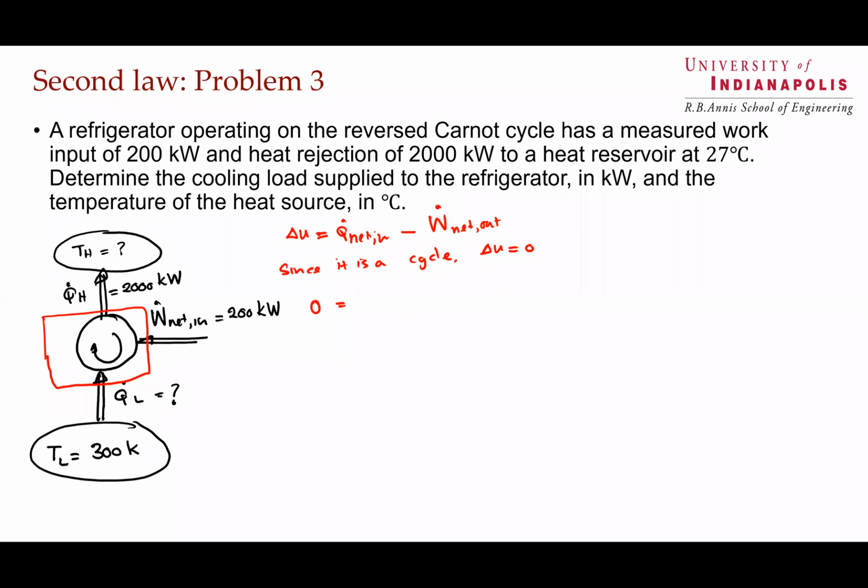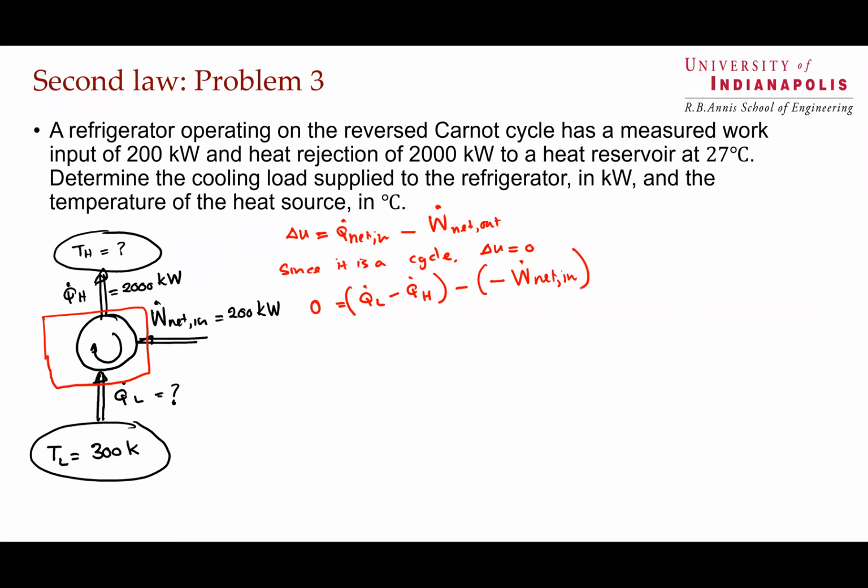net in is whatever in, that's Q dot L minus Q dot H, right? And whatever out, net out, there's no net out, but there's an in, so I can put W dot net in.